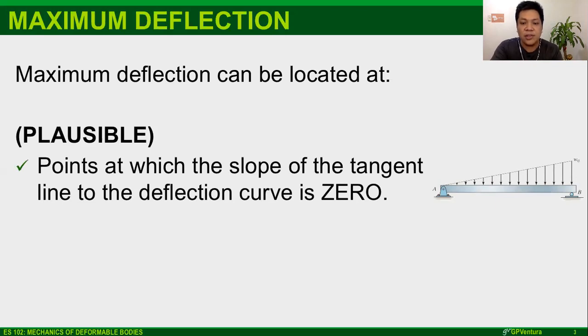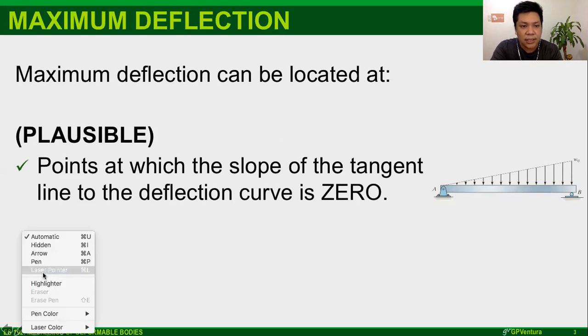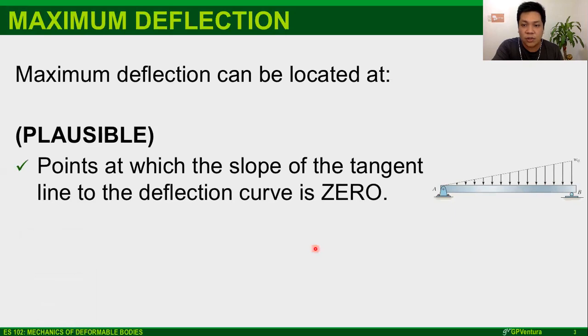This is a good example of where we normally see tangent lines whose slopes would be equal to 0. If you have a member which is simply supported, meaning you have a pin and a roller, somewhere between these 2 points, there is a location wherein the slope of the tangent line is equal to 0.